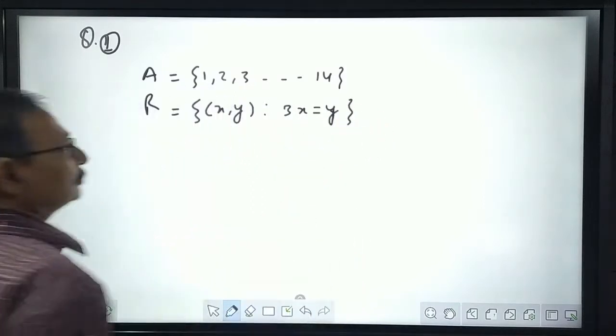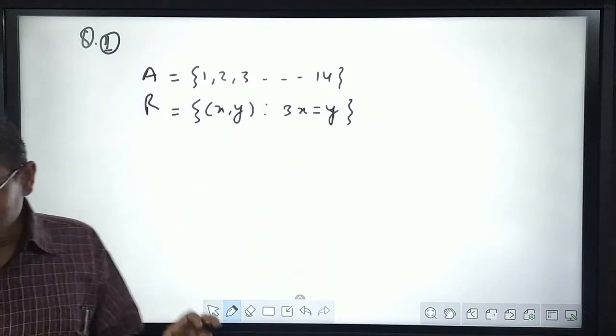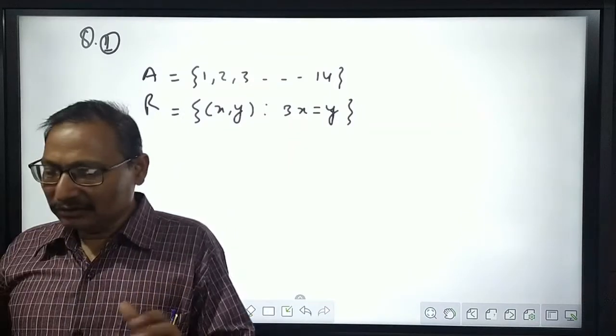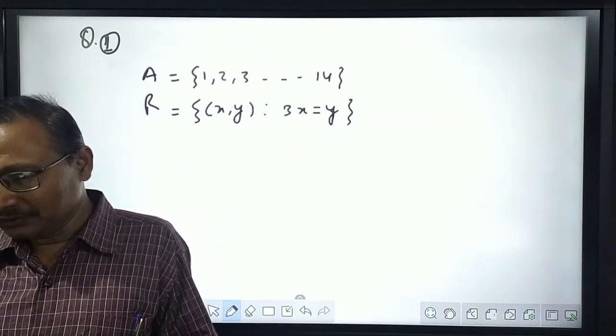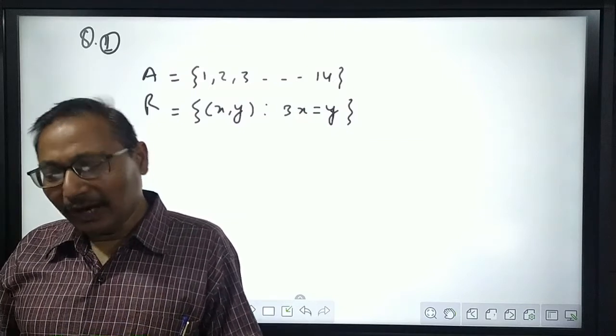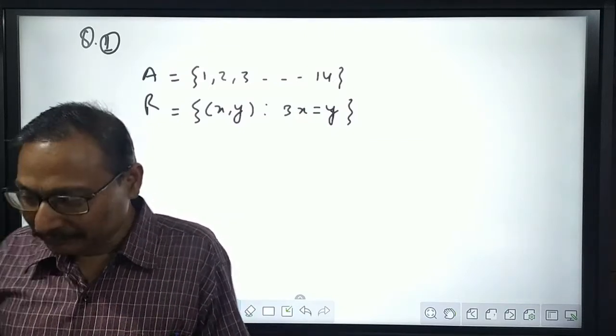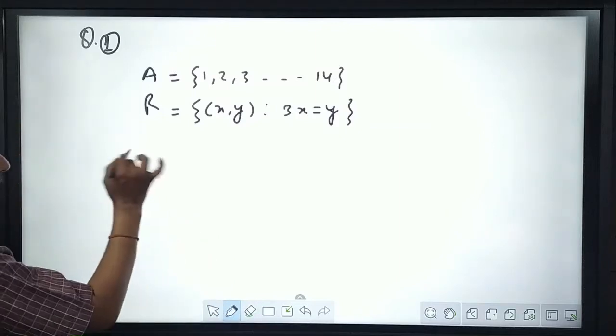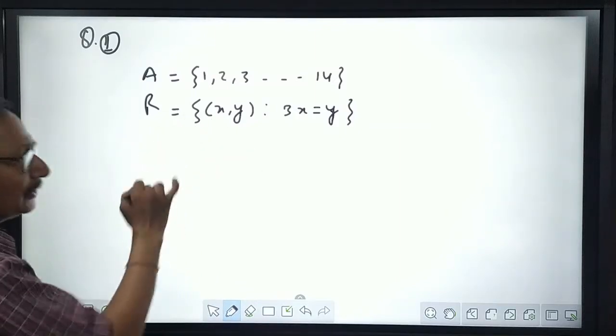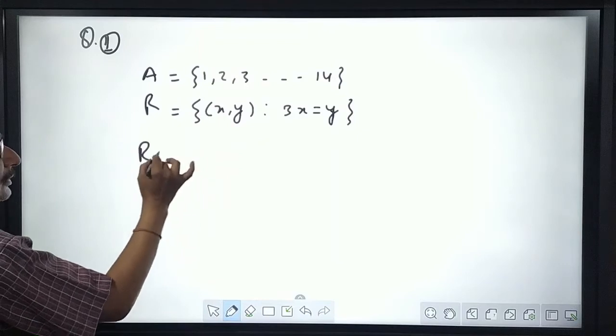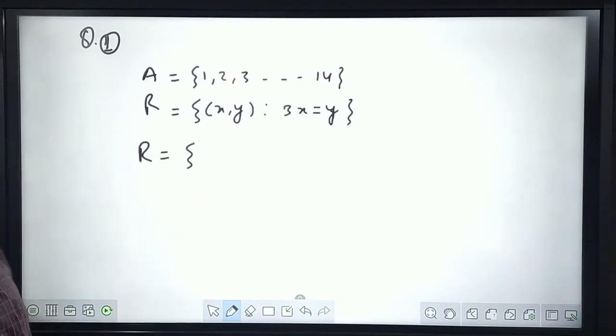Okay, this is not a very long collection of pairs, so we should write them down. The general checking process is not good here. First of all, write down the pairs of this relation. It is very simple.